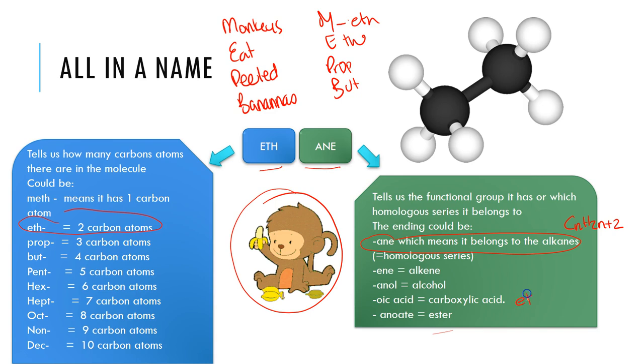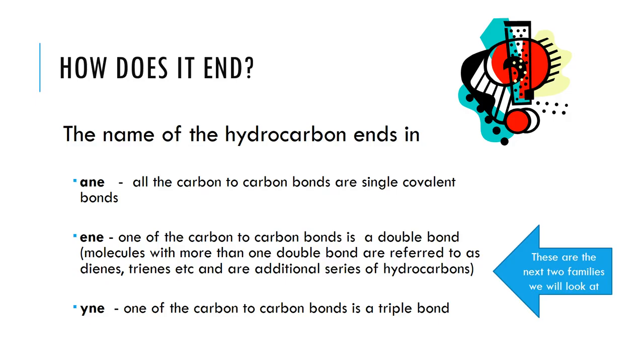We've heard ethanoic acid, which was our vinegar, which was CH3COOH, and you'll see that eth means 2, and there's 2 carbons in my molecule, and anoic acid actually is this COOH group here, a carboxylic acid. So the names actually give us a lot of information. So you need to remember monkeys eat peeled bananas, and then pent, hex, hept, oct, non, and dec for our number of carbons, and then the ending tells us the family it belongs to.